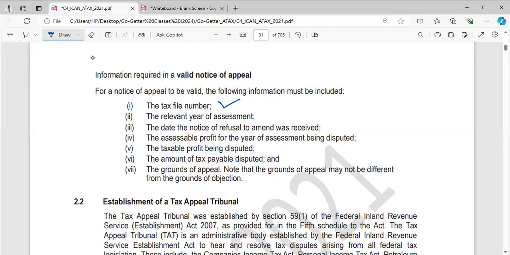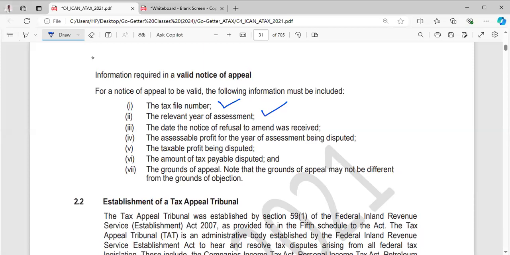It could be, let's say, 2022 or 2023. I think 2022 was what the authorities were currently reviewing as at 2024. It's possible that they have started reviewing 2023, but mostly it's 2022 that they are reviewing in 2024. So the year of assessment could be 2022, or it could be before 2022. It could be any year.